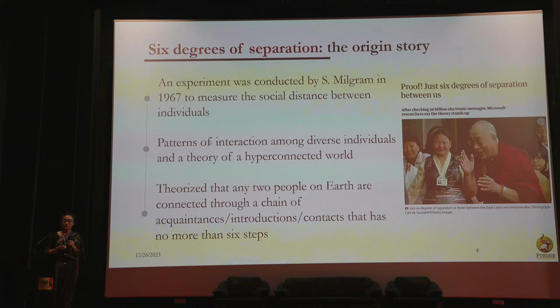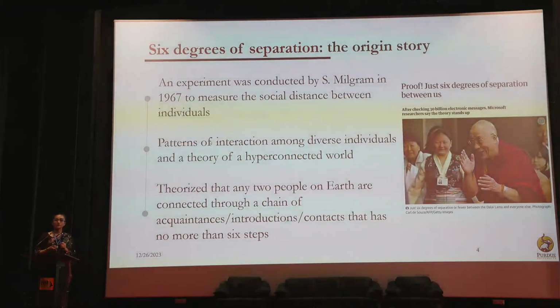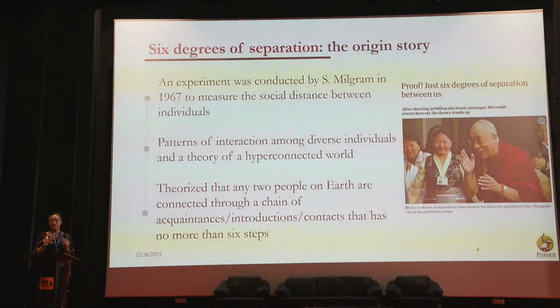But how did social networks start? Every superhero in a Marvel movie has an origin story, right? And so this is the origin story of social networks. In 1967, Milgram, who was a professor in the US, did this experiment. He wanted to measure the distance between two people who were not connected to each other directly.